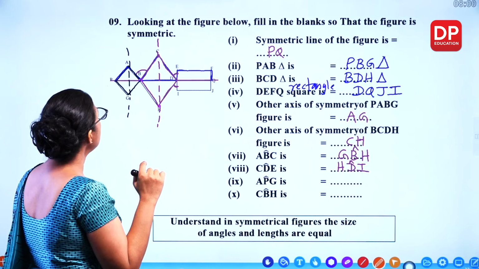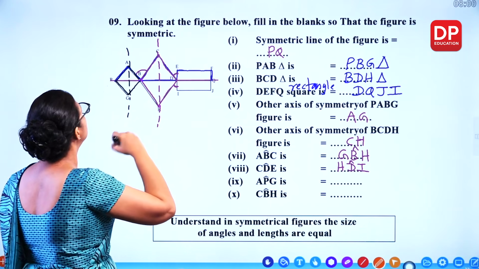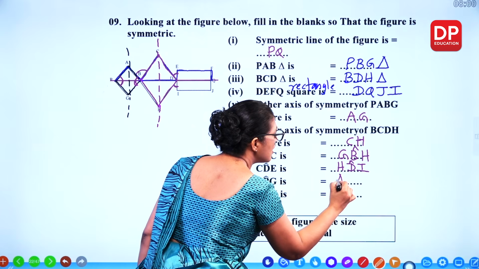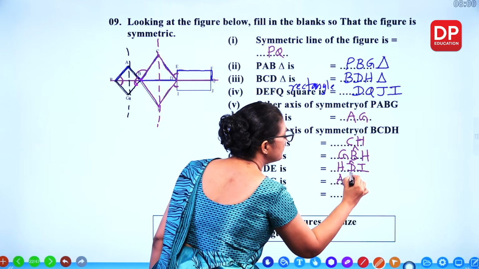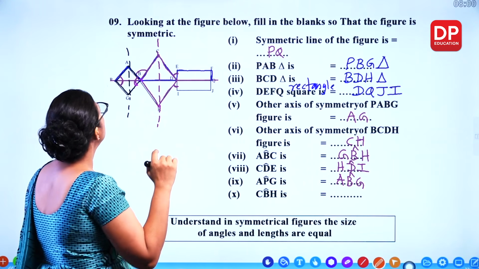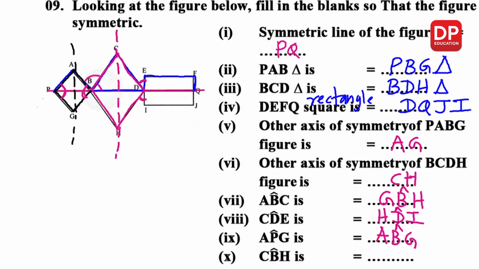Then APG angle. So this angle is same as this angle, that's ABG. CBH angle. This one. This is same as we can write this angle, CDH.